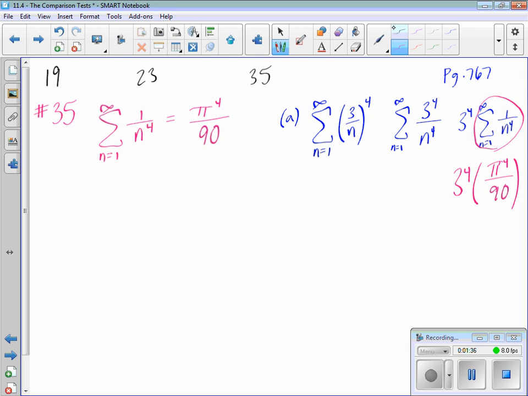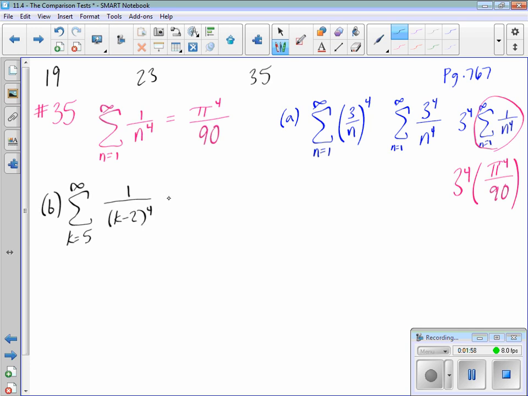Okay, so part B is a little bit tougher. Part B says we've got the sum, and we're starting where? At 5 here, right? So what I'm going to do is list some of these out because I think that's the easiest way to see what's going on here.